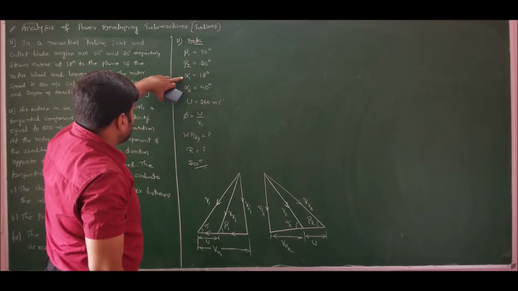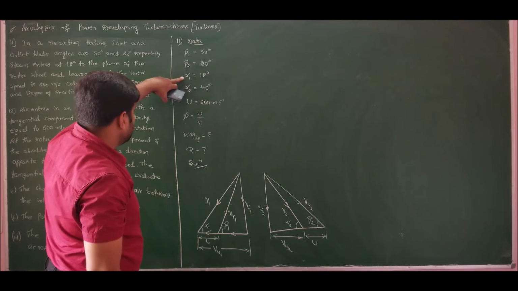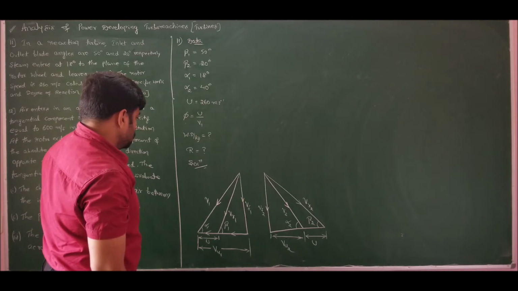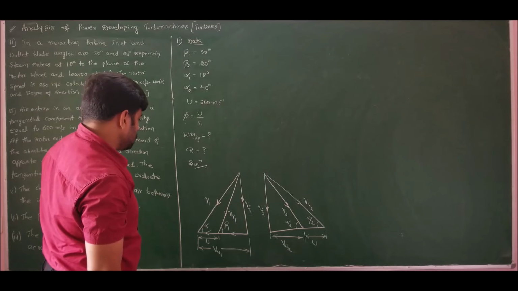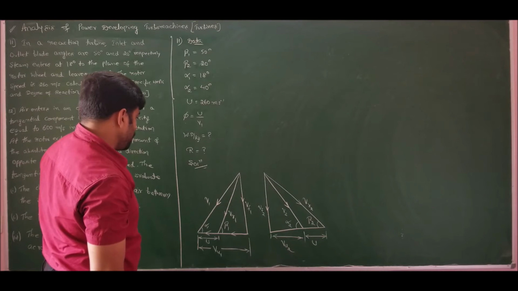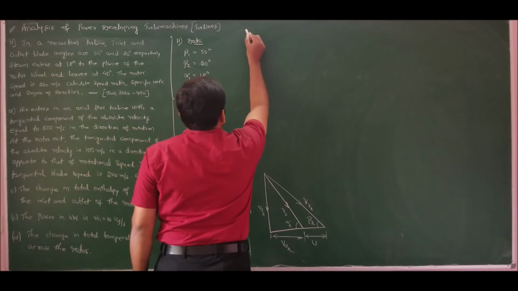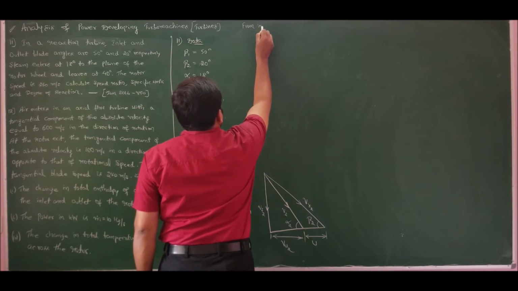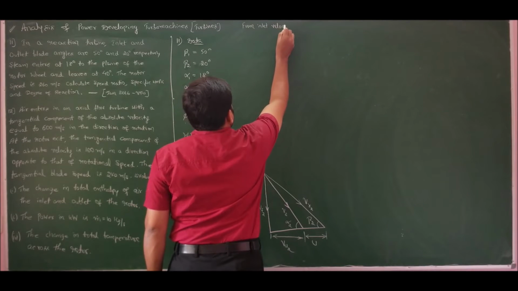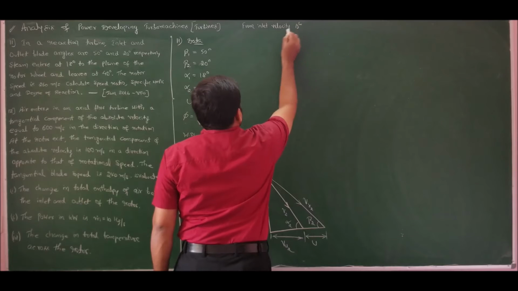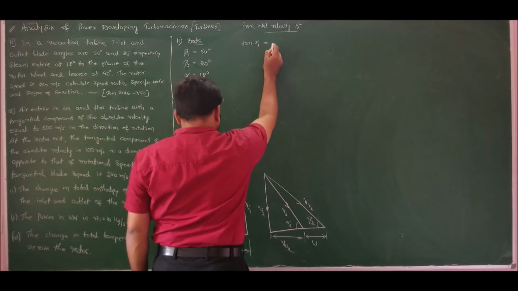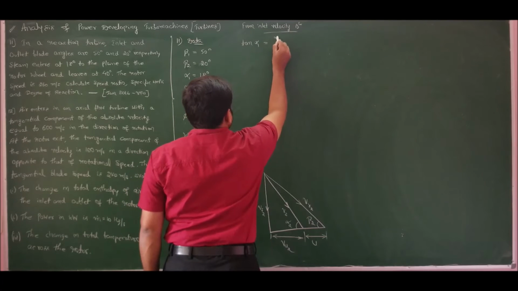We know only alpha 1 and beta 1 at the inlet, and apart from that, I know the value of U. Therefore, from the inlet velocity triangle, tan alpha 1 is equal to Vf1 by Vu1.